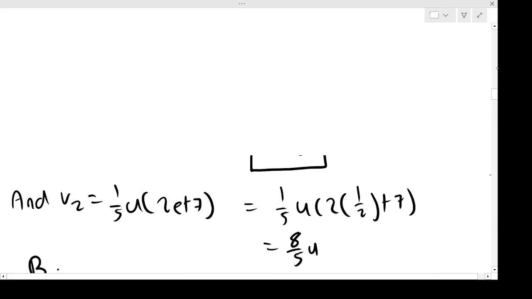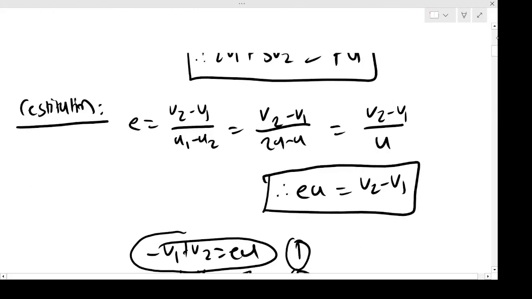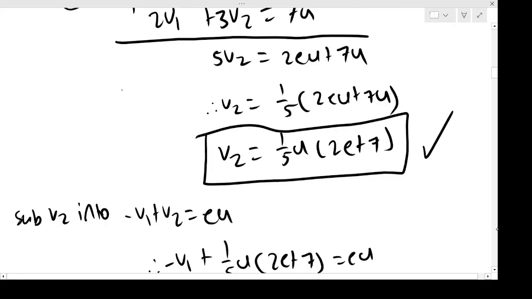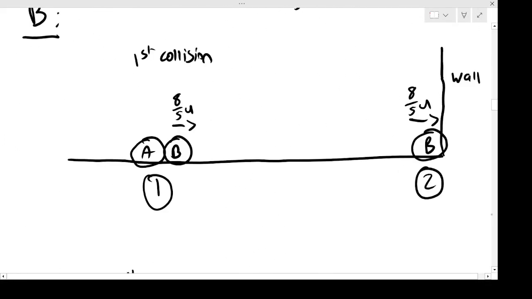Okay. What else? So what we're told in the question then, we are told that A and B after the collision is a distance D from the wall. So from the collision to the wall, that distance is D. So if I label this on my diagram then, well, the distance from the collision to the wall is this distance D here, right, from point 1 to point 2.